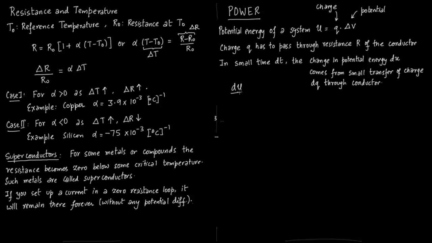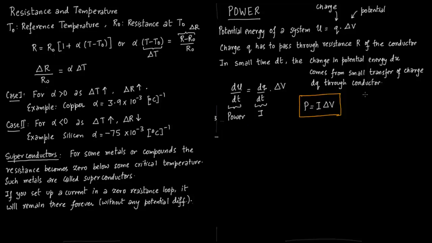So you rewrite the equation as dU by dt equals dq by dt times delta V. dU by dt you call power, and dq by dt is the current. So power becomes I times delta V.